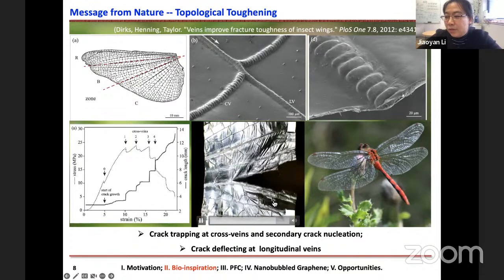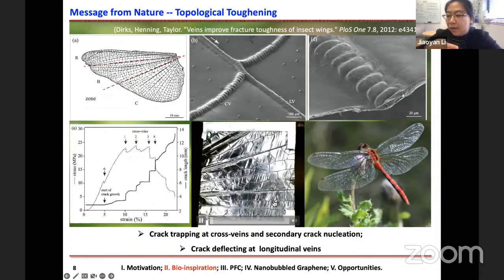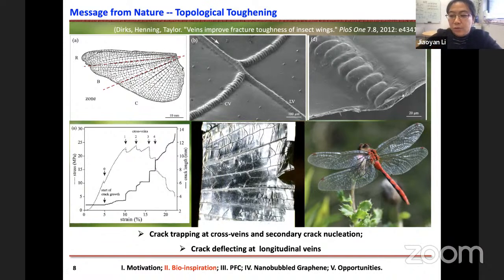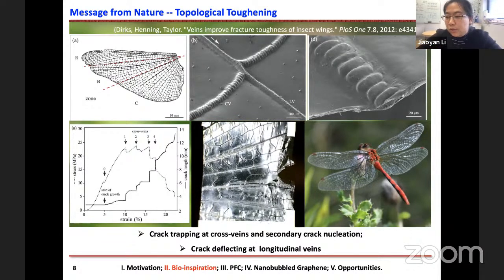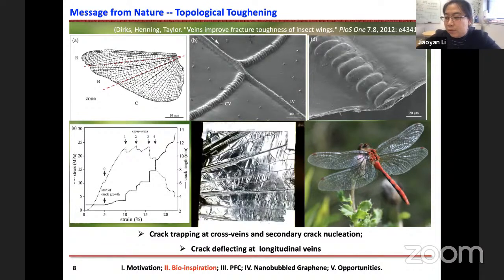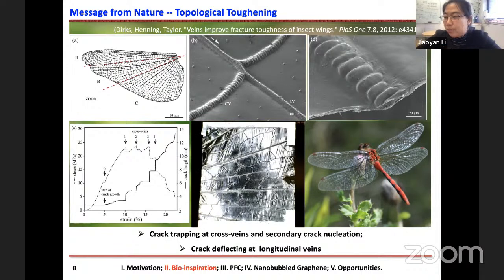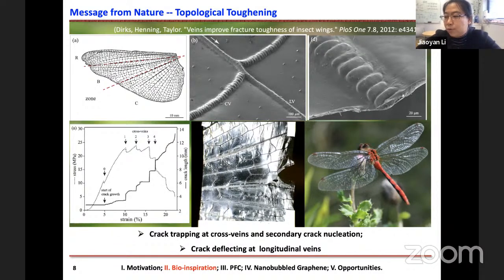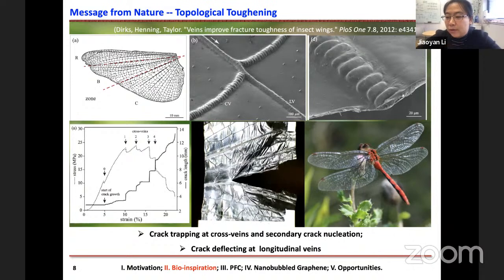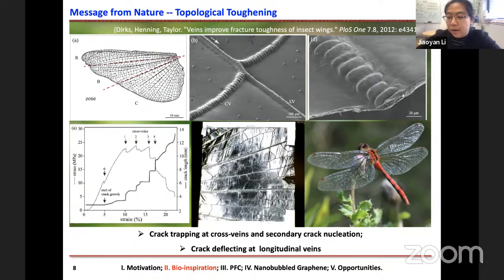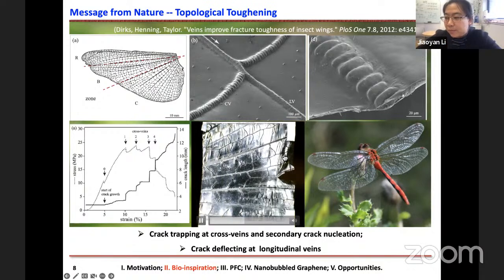It deflects the main crack propagation direction towards the longitudinal vein until the final failure. This finding directly demonstrates how the microstructure can contribute to the biomechanical behavior. So we also get some inspiration from here.